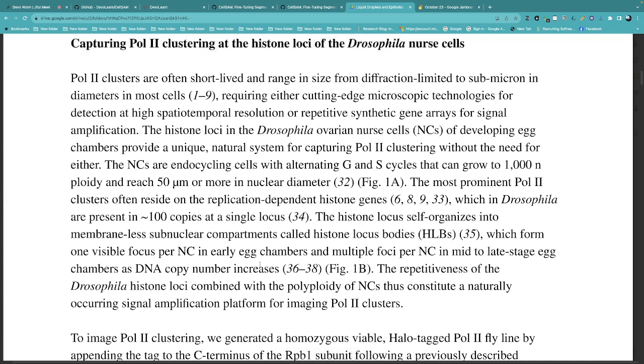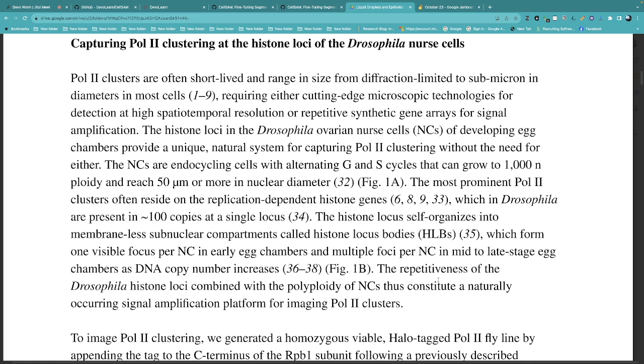As the ploidy increases, you get more of these clusters. So basically it's building a storehouse of Pol-II so it can transcribe all these loci that are being produced, and this is playing a role in development.